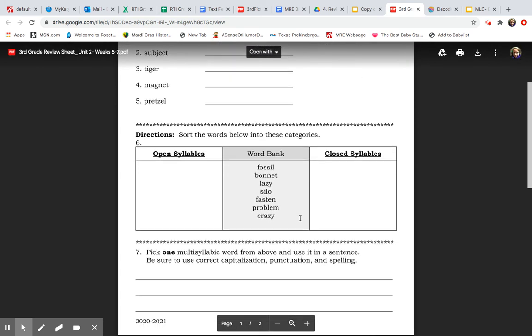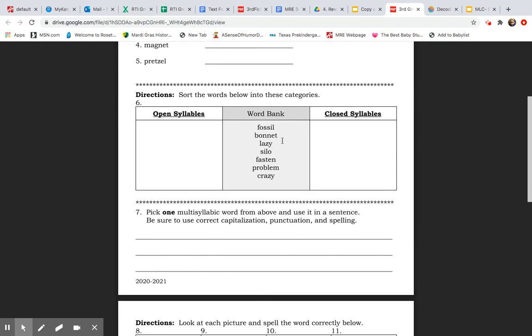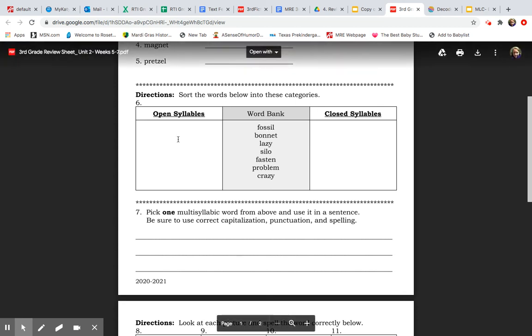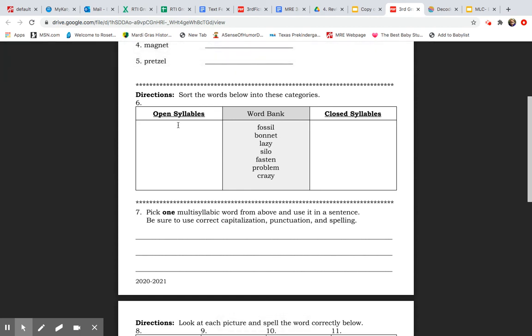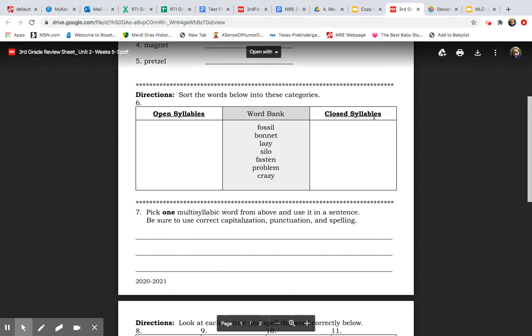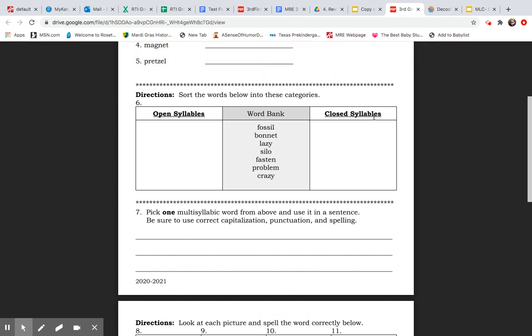Okay. And then you scroll down here and you have these words in a word bank. You need to decide if these words are closed syllables or open syllables. Now remember, in open syllables, the vowel is going to say its name. In the closed syllable, the vowel does not say its name.